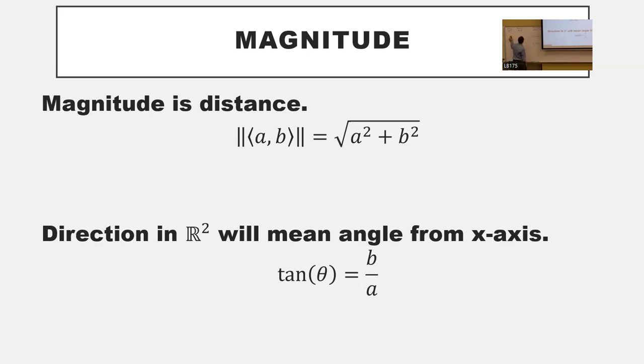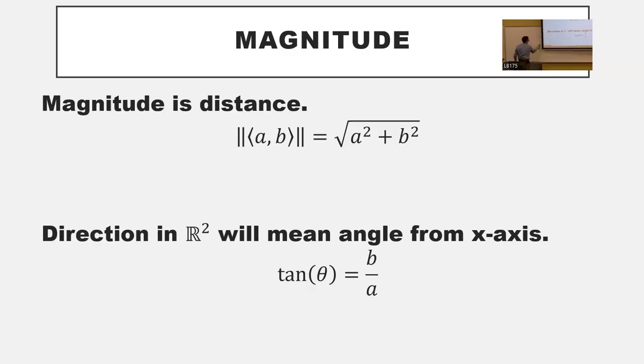And then, like I said, direction is going to be the angle from the x-axis with the standard position vectors. So with the standard position vector, the angle from the x-axis, we've done this before, as tangent of theta is equal to b over a.